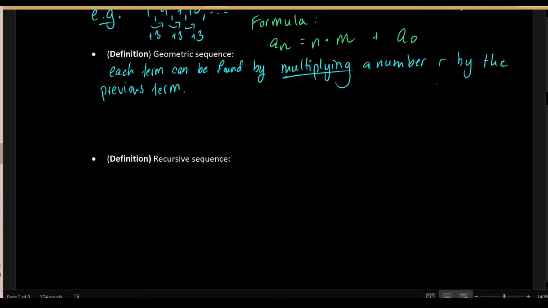For an example of a geometric sequence, we have the formula where the term a sub n could be found by taking 4 to the power n. First of all, this equation looks very exponential because we have 4 to some power. But not only that, when we calculated the first couple of terms in this sequence, we found that we had 1, 4, 16, etc. And every time we moved one step along this sequence, the outputs were multiplied by 4.